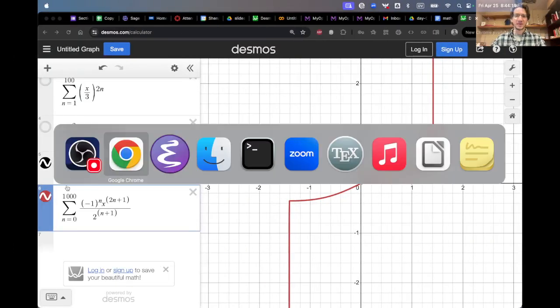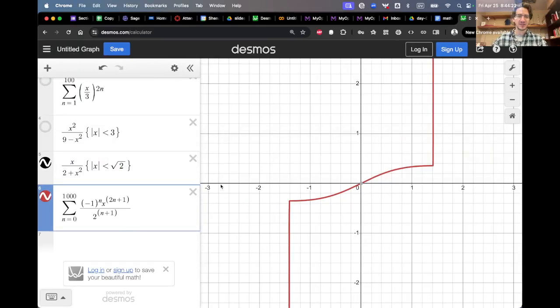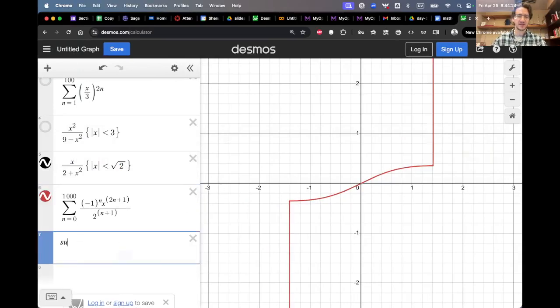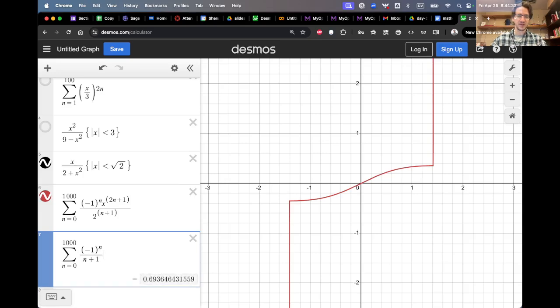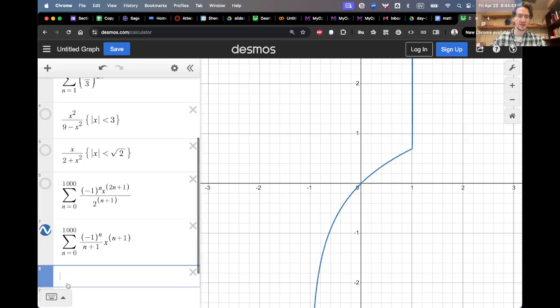Okay. So I can look at this in Desmos again. The sum n equals 0 to infinity, 100 or 1,000 of minus 1 to the n over n plus 1 times x to the n plus 1. There we go. And here is the natural log of 1 plus x.